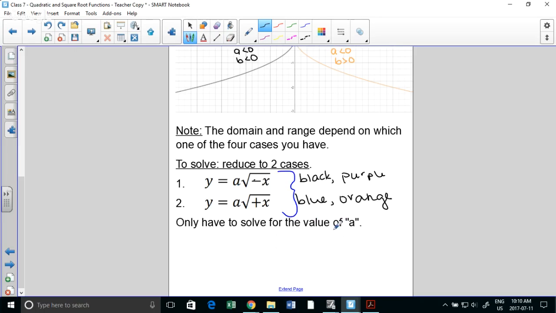So when we're solving, this means that I reduce it to just 1 parameter that I have to solve. If I have 1 parameter, I need 1 point. But you need to decide which case you have in order to be able to use that 1 point.